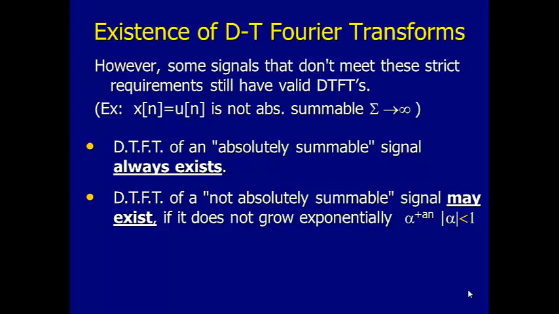What separates the yeses from the nos is that your function can't grow exponentially or faster. So if alpha is raised to the n power, as long as alpha is less than 1 (this is wrong in your notes, change it), so if alpha is fractional and I raise a fraction to the n power, that's a converging function.